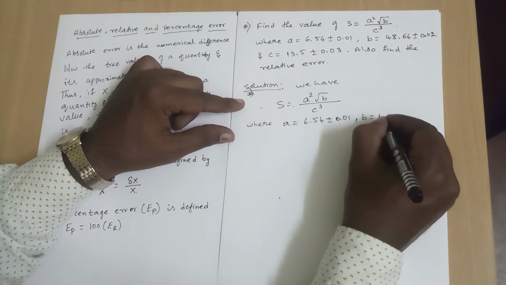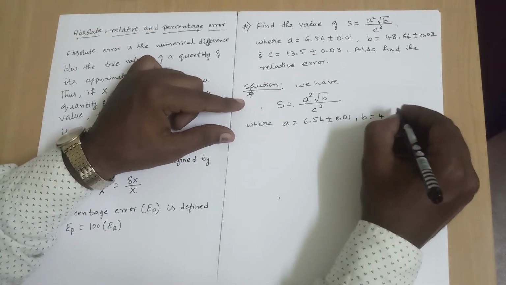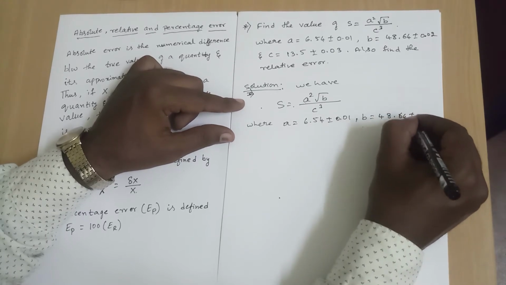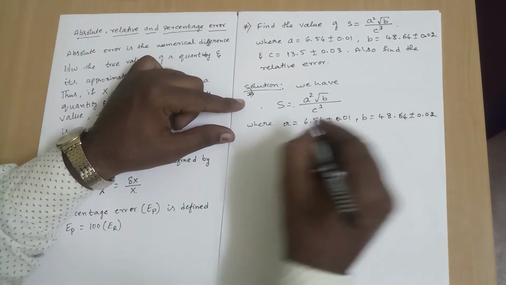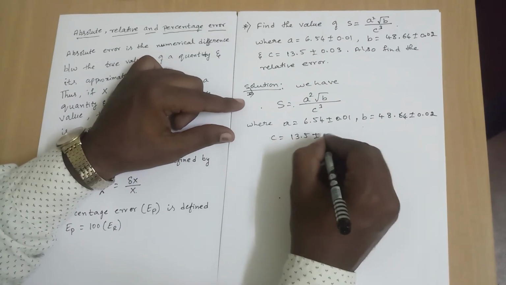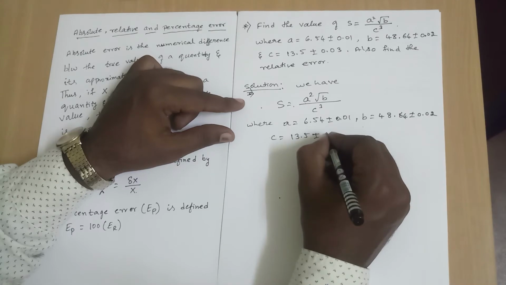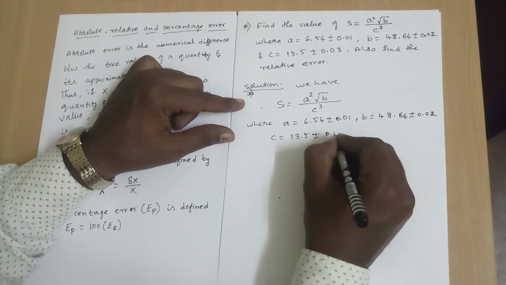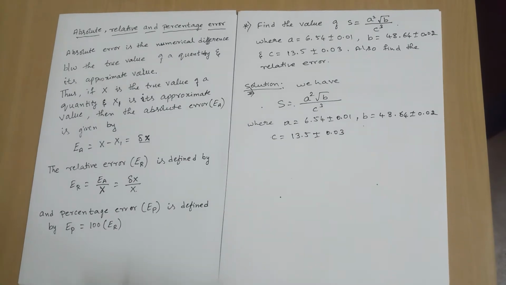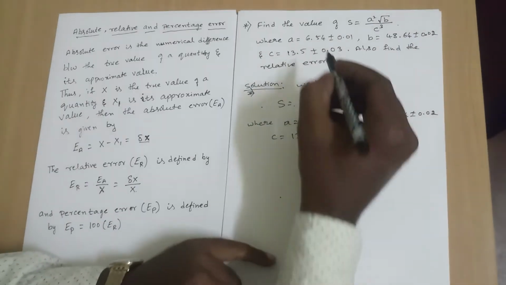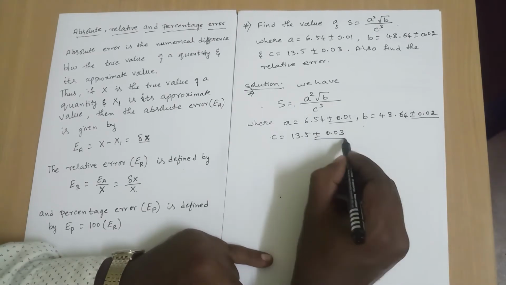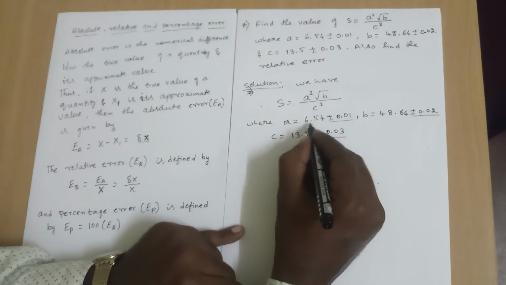B equals 48.64 plus or minus 0.02. C is equal to 13.5 plus or minus 0.03. So forget about these error values here.